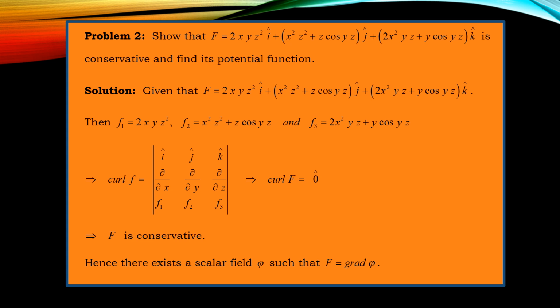Because the given vector field F is conservative, according to the definition, there exists a scalar point function phi from R³ to R in such a way that grad phi equals F. Now we have to find this phi.